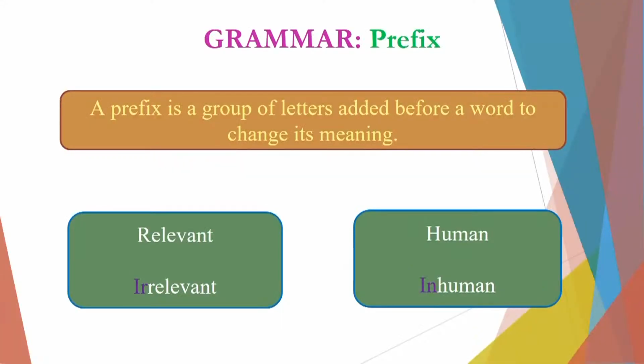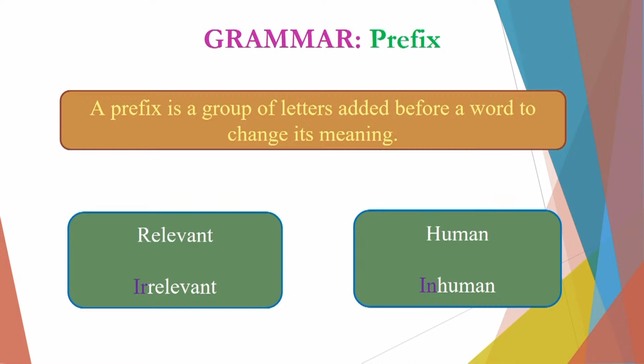So moving on, we have the grammar, where there is a prefix. A prefix is a group of letters added before a word to change its meaning. As we can see on the slide, and as you have seen in your SLM, relevant means something, and if we say irrelevant, that is the opposite of what relevant means, right?